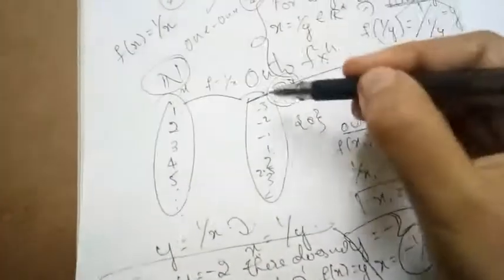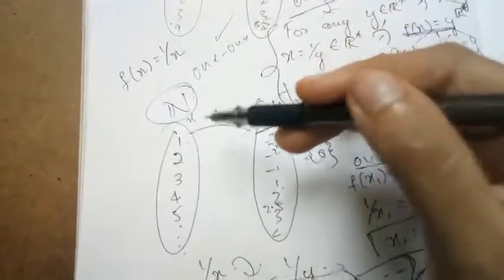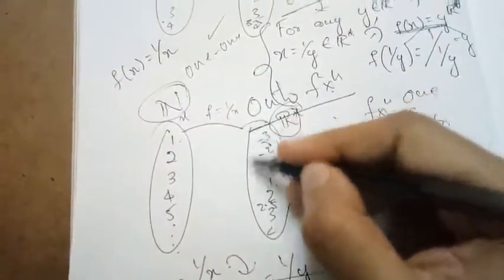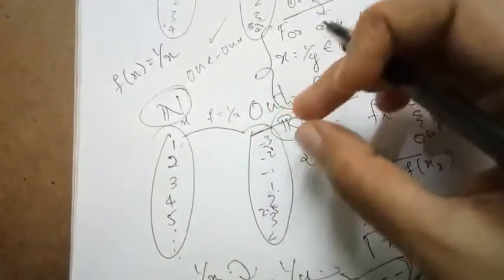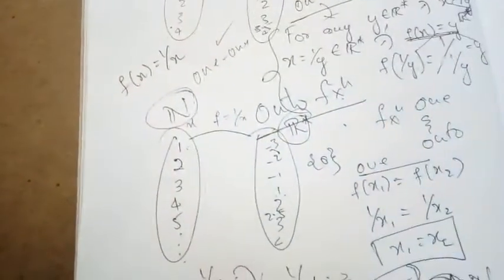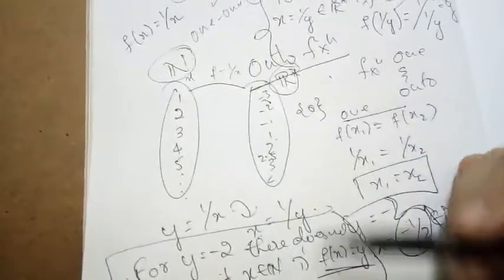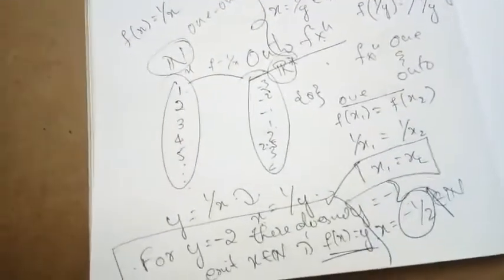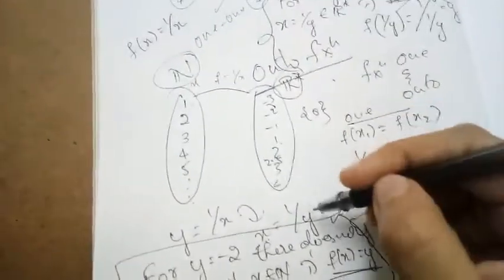If you understand this much, that there are certain numbers present in the codomain which are not at all the image of any element from the domain, then writing this is not a big thing. So one example is enough. This is how you can think here.